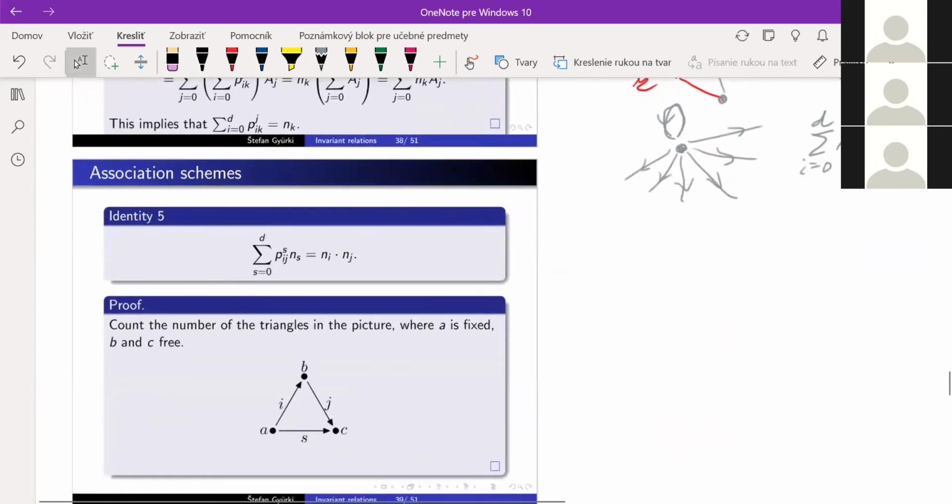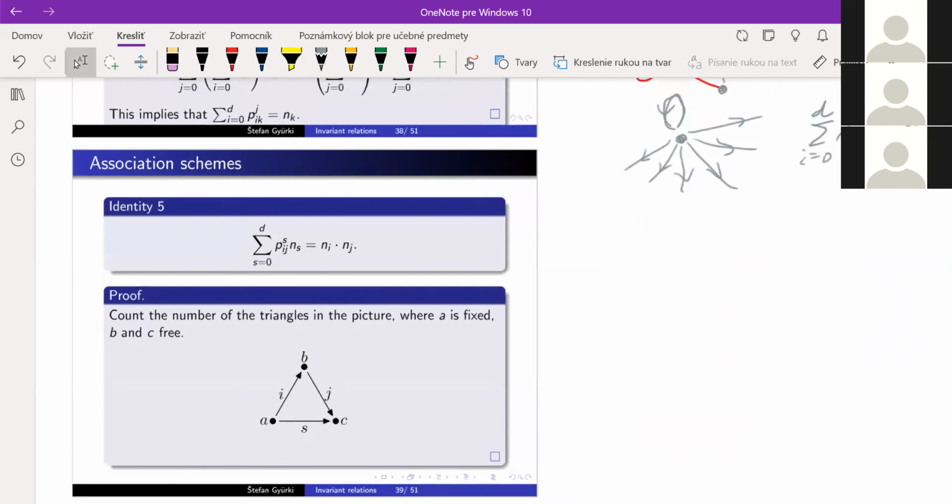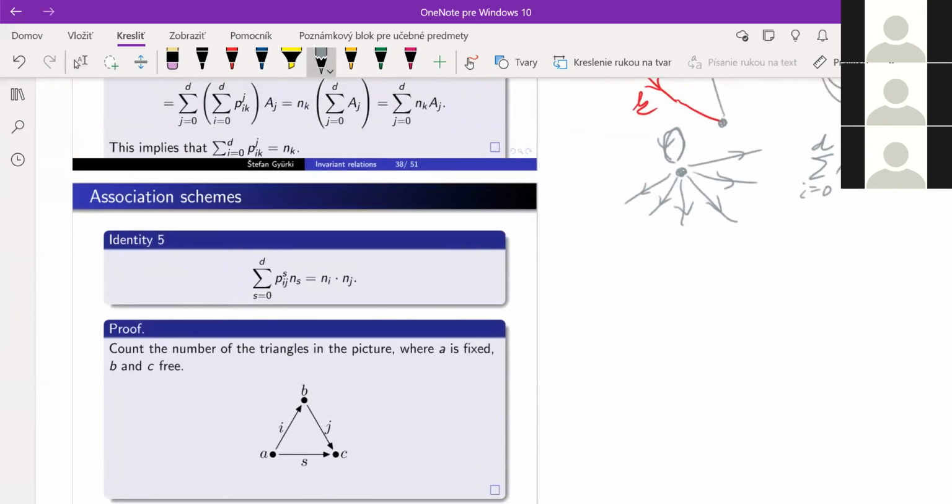Now my time is slightly running out, but still I would like to show you at least an outline of the proof of the next identity. The next identity shows that the sum of structure constants p_ij^s multiplied with the valency of the basic graph s gives you the product of valencies of the ith and jth basic graph.